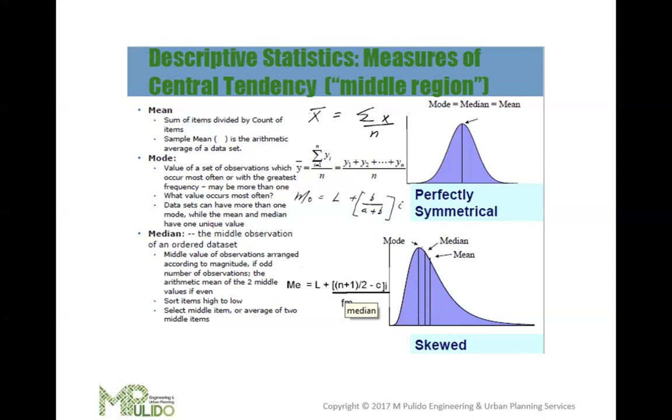So what's the formula? You can see there anyway. Even without the formula, we can always say ME, or the median, equals L plus N plus 1 over 2 minus C times I. So even if you can always calculate without remembering the formula, right?